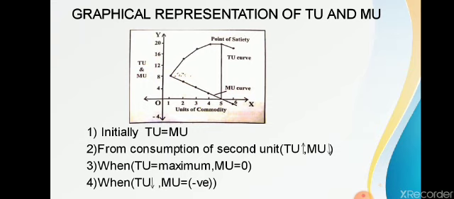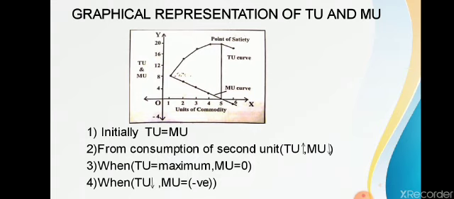Here TU indicates the total utility and MU indicates the marginal utility. When the consumer consumes the first unit of commodity, his total and marginal utility are the same, that is 8.